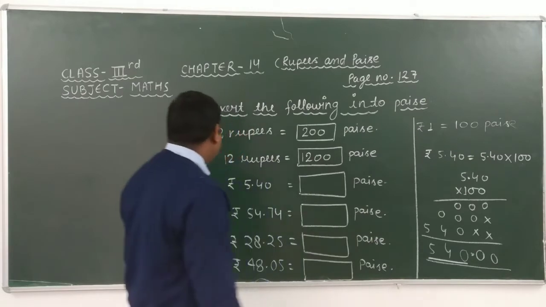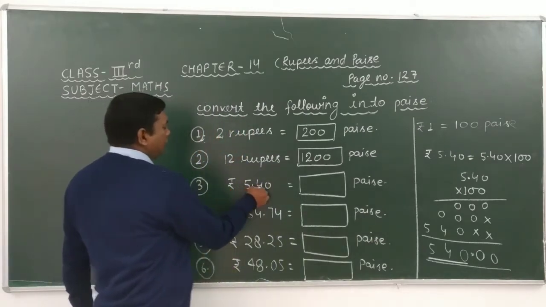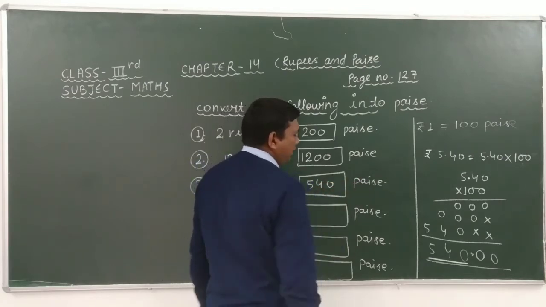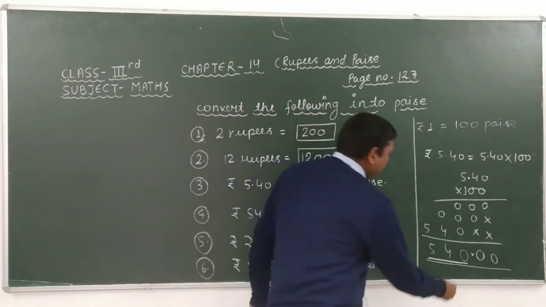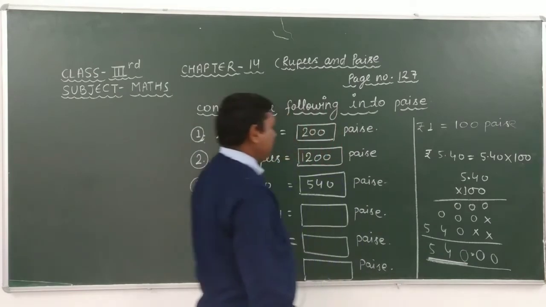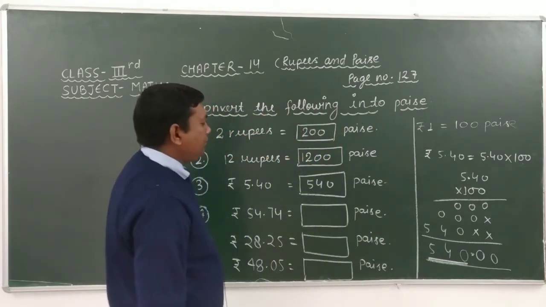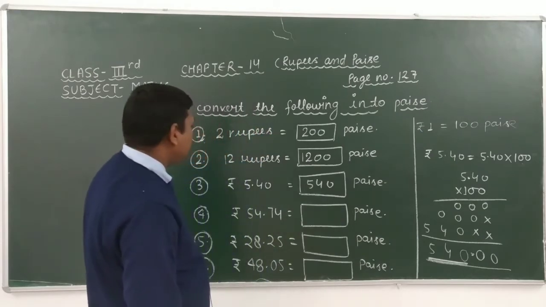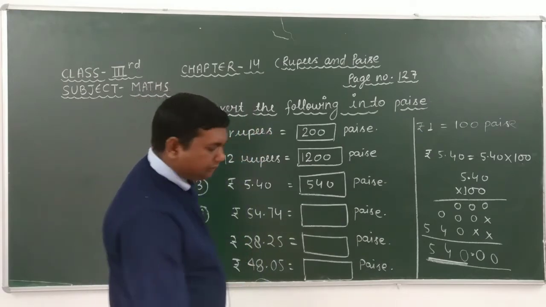Okay students, it means that rupees 5.40 is equal to 540 paise. Here we take 540. Similarly we can solve all the given questions.